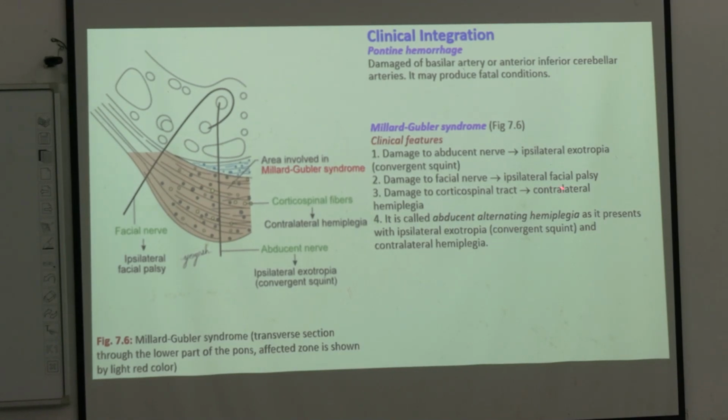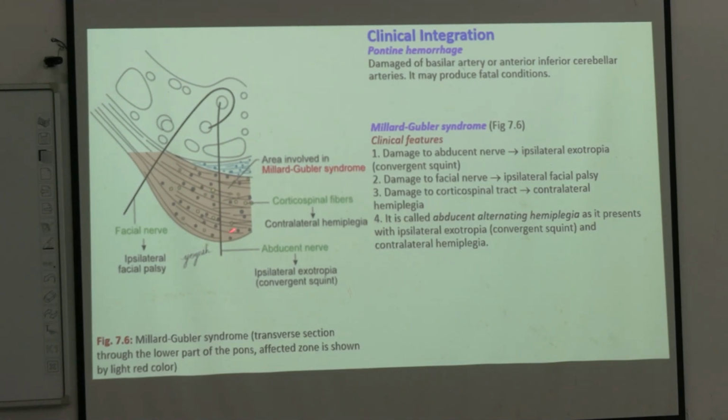We call it palsy when there is no movement of the motor actions, or paralysis, which in short we call palsy. So there is paralysis of the facial muscles on the same side, along with the taste problem, because this facial nerve carries the taste fibers to the tongue. Along with that, we have damage to the abducent nerve, that means extraocular movement of the eyeball is hampered or damaged. That is what is happening here.